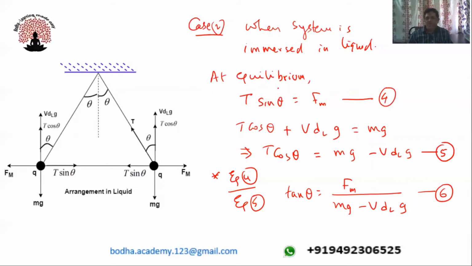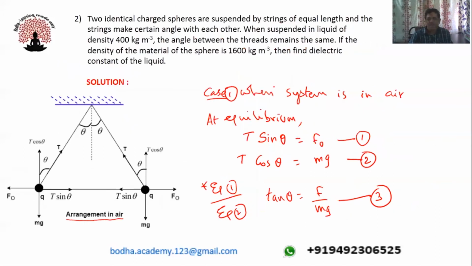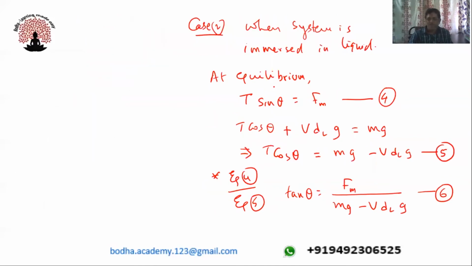Now we can observe from equations 3 and 6 that the LHS is the same. In both cases we got tan theta. Previous case also tan theta, present case also tan theta. So the RHS must also be the same. So the RHS of equation 3 is F by mg. That must be equal to Fm by mg minus volume into density of liquid into g.